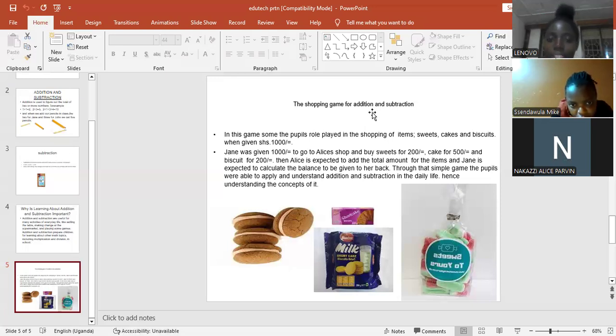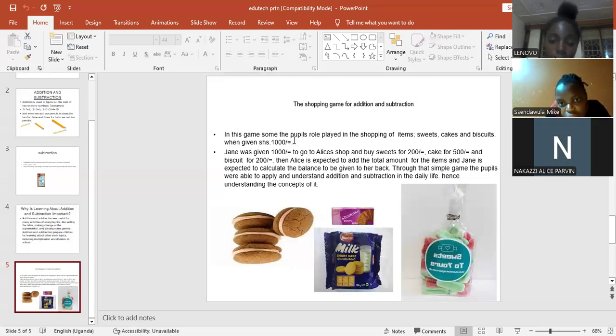In this game, some of the pupils role played in the shopping of items. So, can you tell me the items? We have the cakes, the biscuits, sweets. So, these pupils, how much amount were they given? They are given 1,000 shillings.